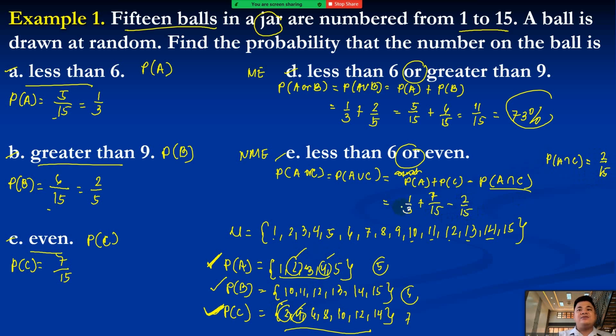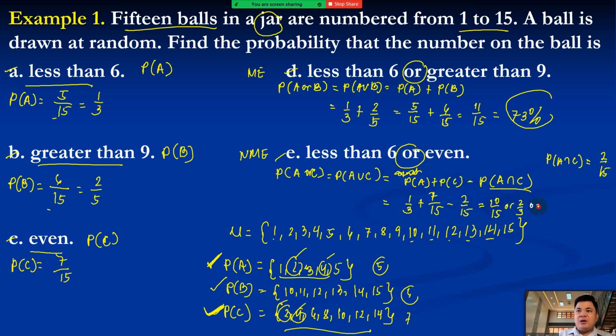After that, you have to solve 1/3 plus 7/15 minus 2/15. You can just do it directly on your scientific calculator. The answer that we're going to get is 10/15, or 2/3.